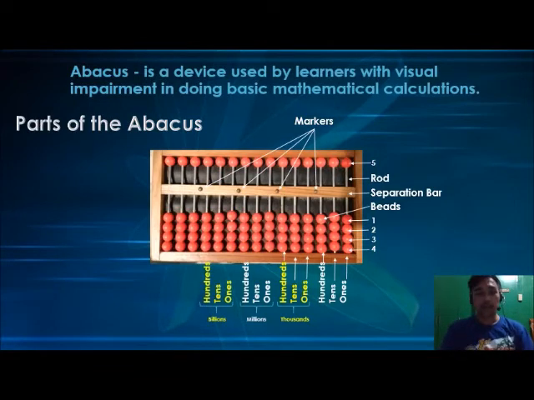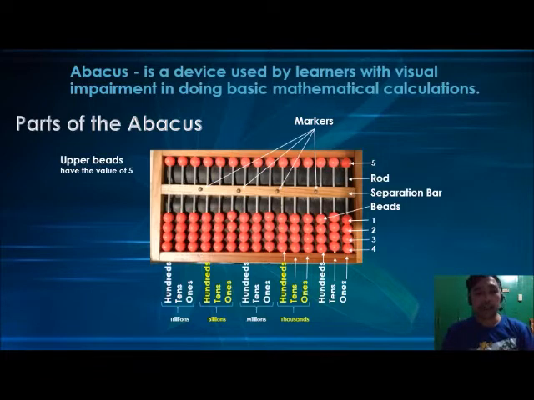Next, after the third marker, we see the billions place. Then, after the fourth marker is the trillions place. That is the place value of our abacus from right to left.